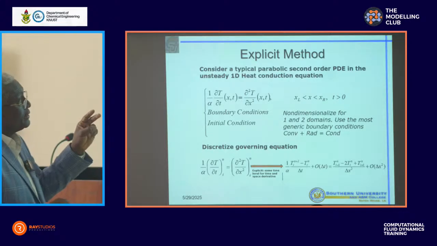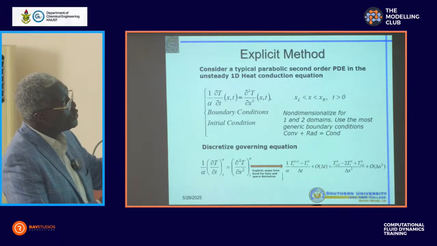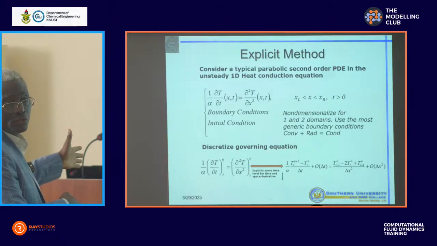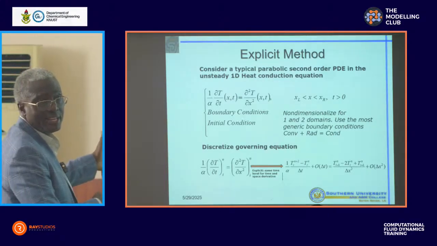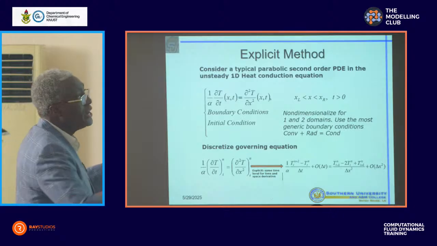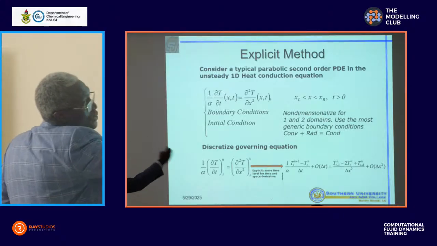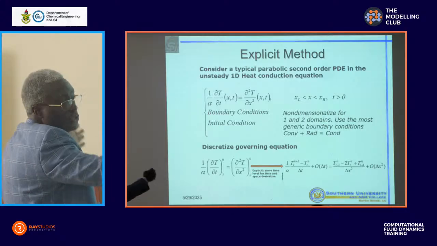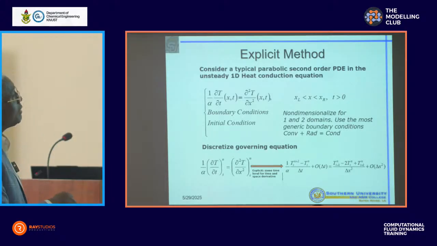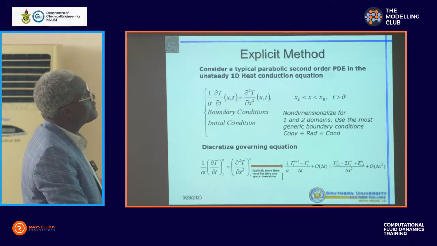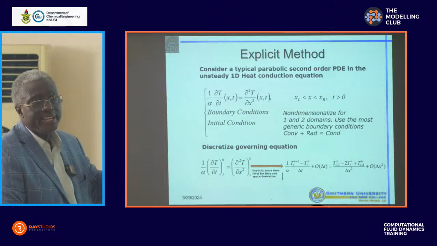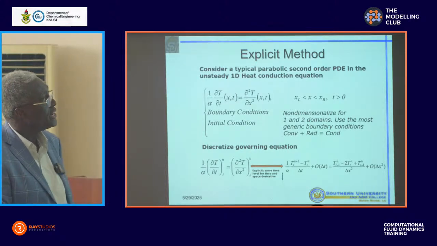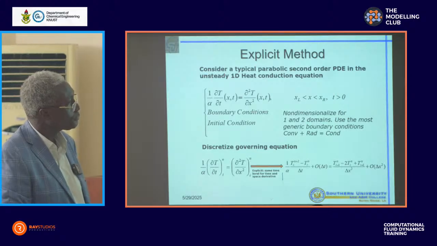That means you need a boundary condition at one end of the domain, say at x equal to 0, and at x equal to L at the other end of the domain. You need two boundary conditions. The time derivative is first order, so you need one initial condition.